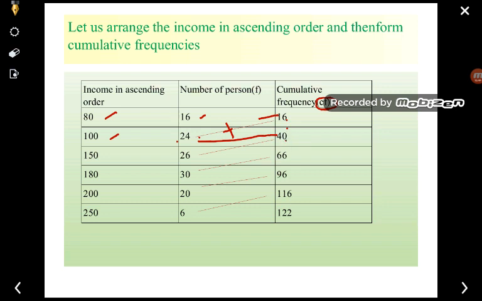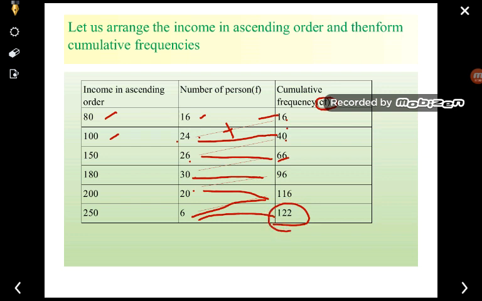Again 40 plus 26 is equal to 66. Whatever cumulative frequency you get, you add it to the next frequency. So 66 plus 30 is equal to 96. 96 plus 20 is equal to 116, and 116 plus 6 gives you 122.